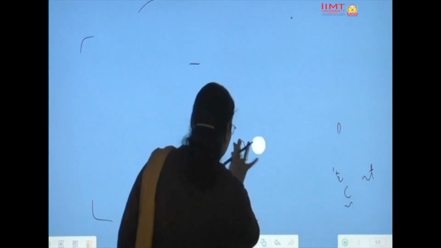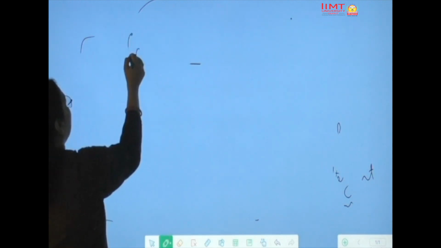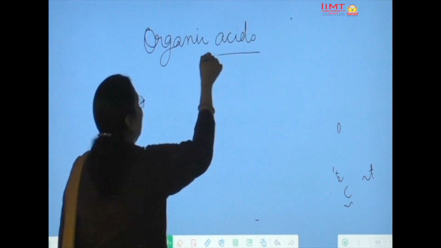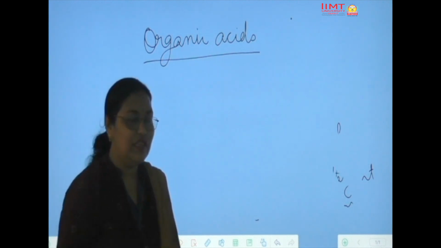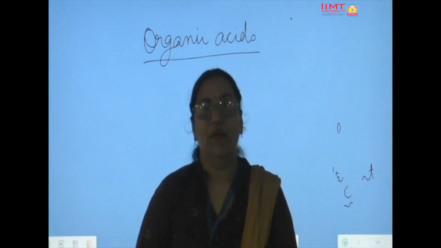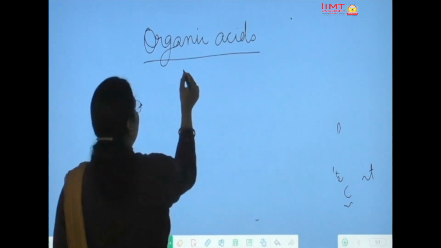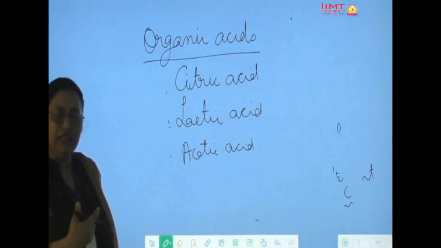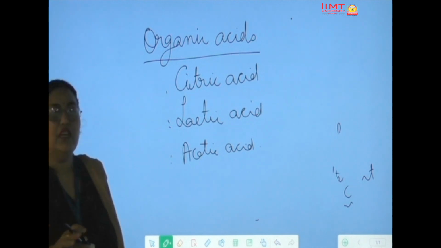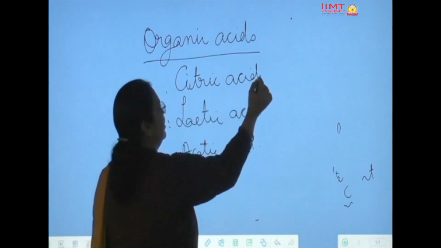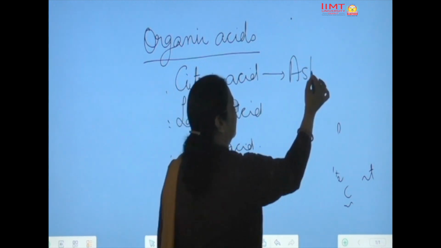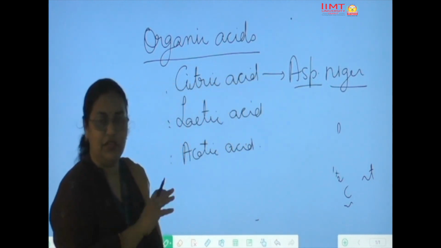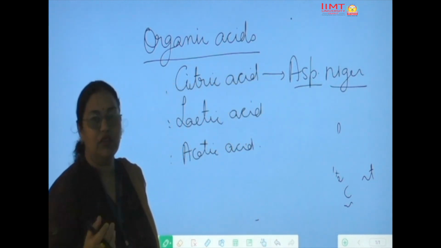Among the organic acids which have very important industrial applications and are produced by microorganisms is citric acid. There are various other acids also, but we are just talking about these three acids. Citric acid is produced by Aspergillus niger, which is found to produce a good amount of citric acid and is used in the industrial production of citric acid.